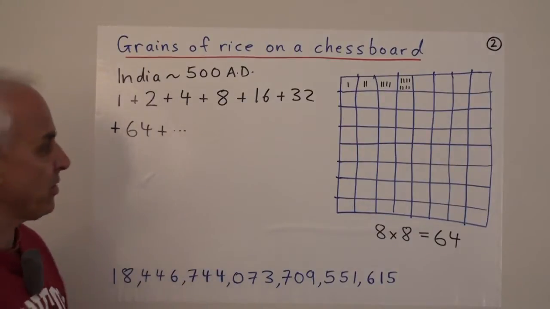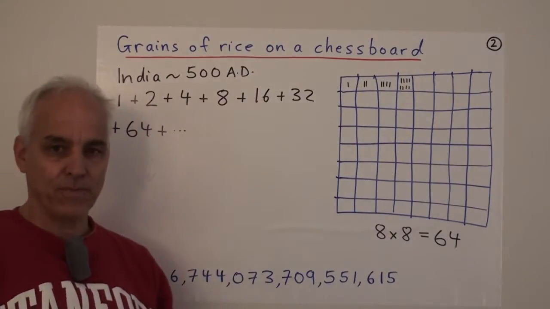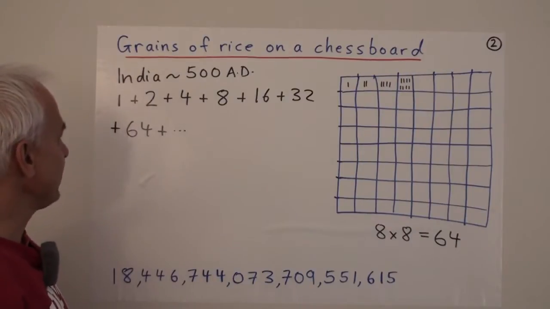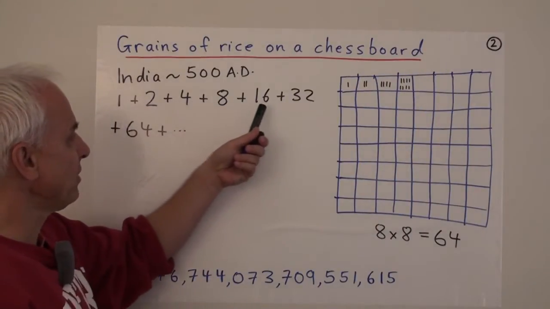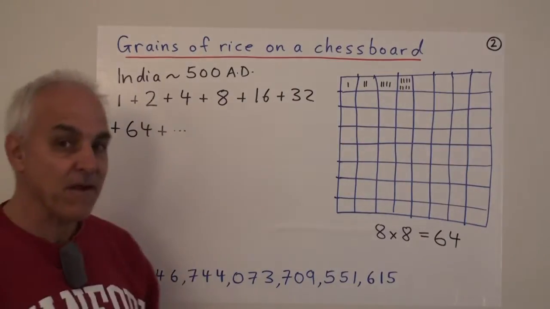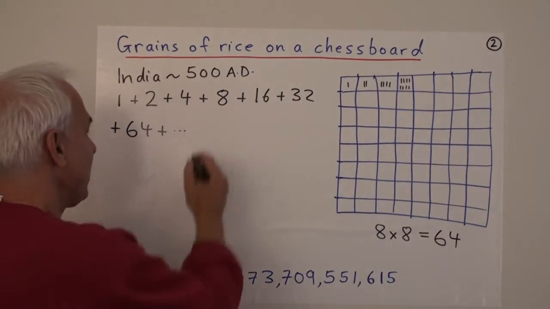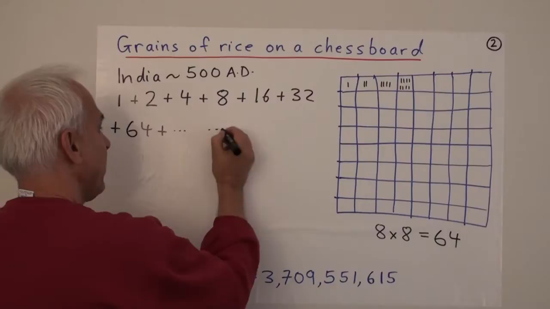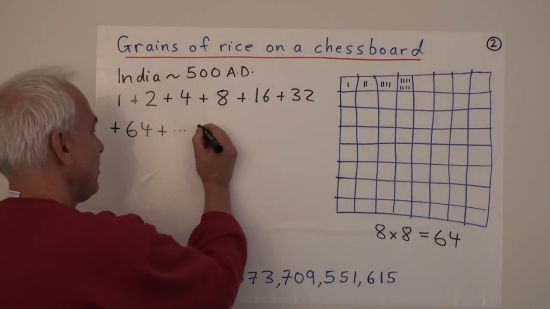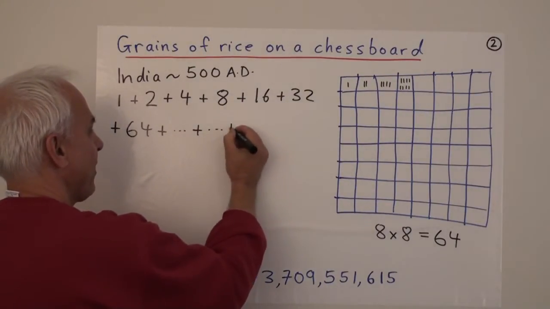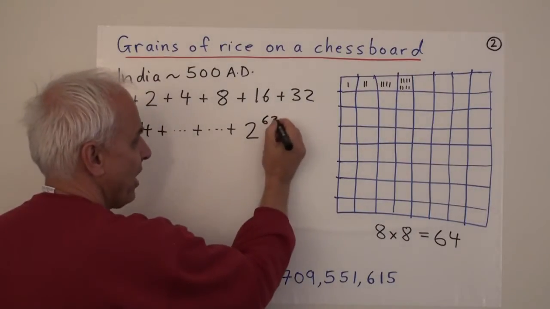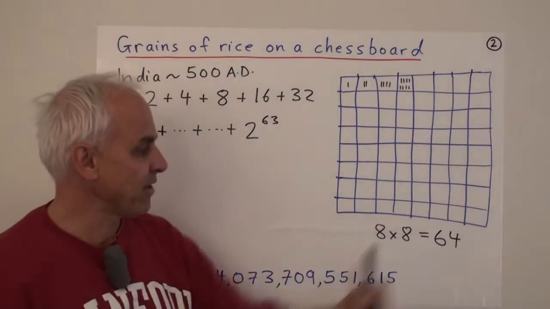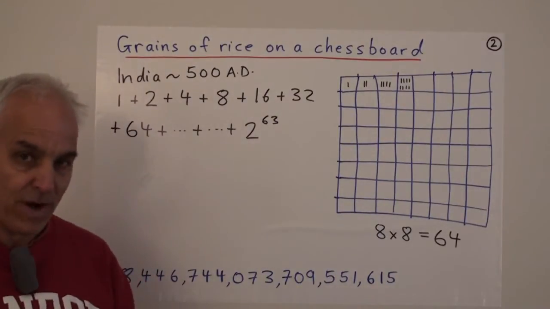What we're doing here is we're looking at powers of 2. Right. So this is 2, this is 2 squared, 2 cubed, 2 to the 4th, 2 to the 5th. Right. So we have to keep going until, well, until we get to 2 to the 63 grains of rice on the last square.